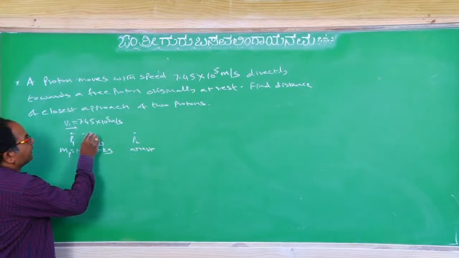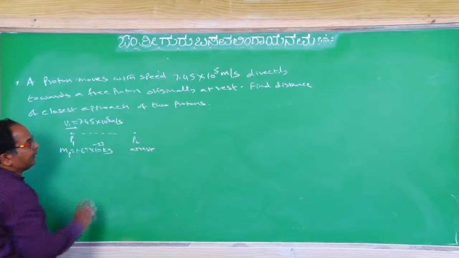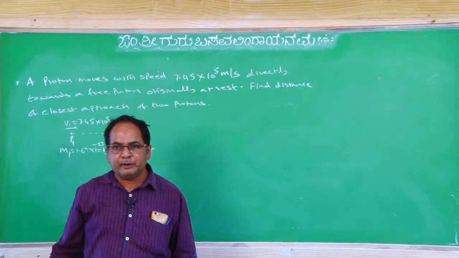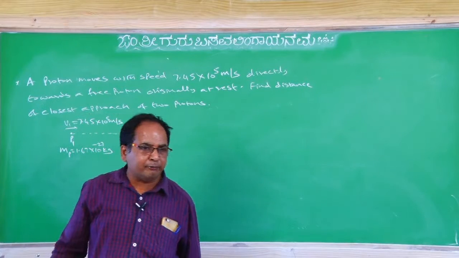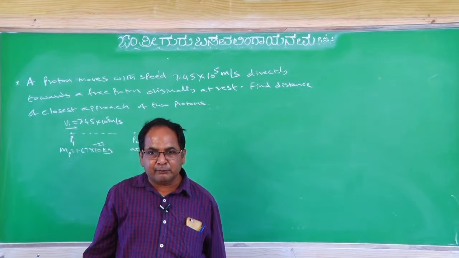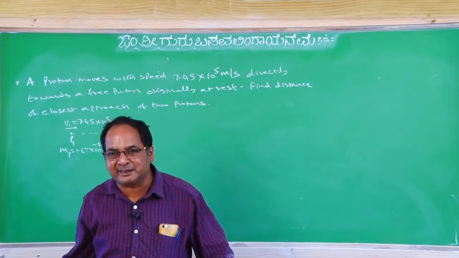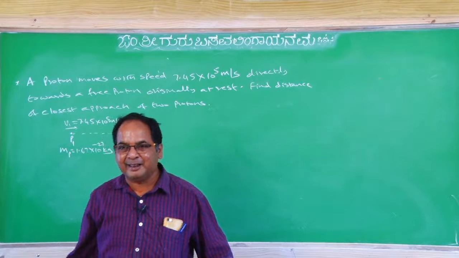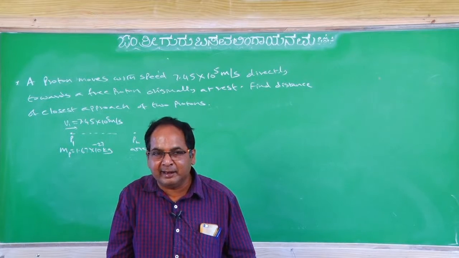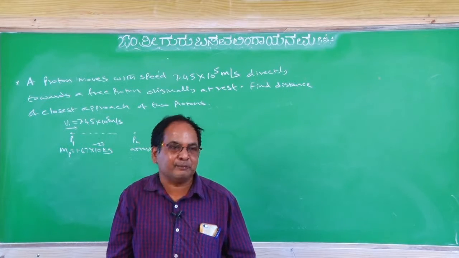And here if it is moving like this, then what happens? In between two protons, is attractive force acting or repulsive force acting? Both forces are acting, attractive force and repulsive force.